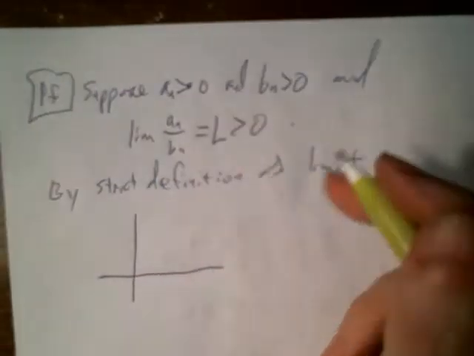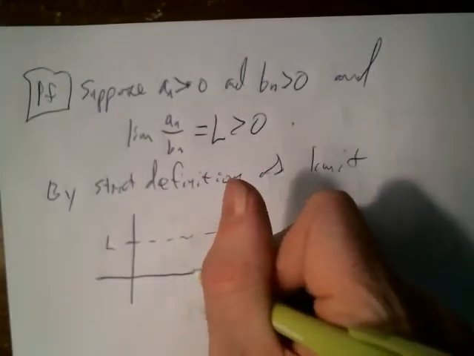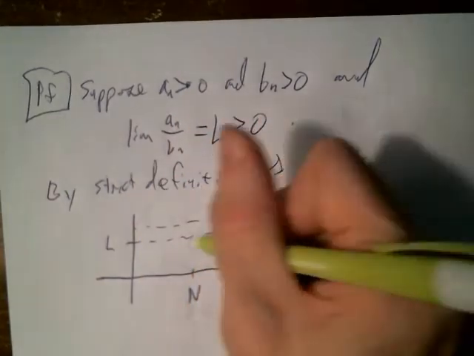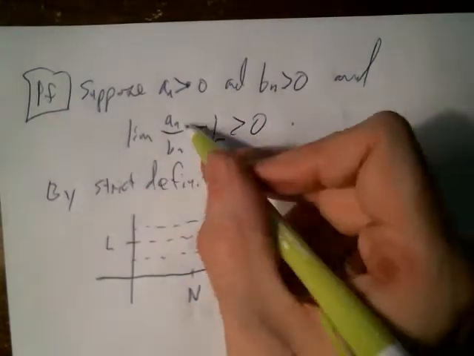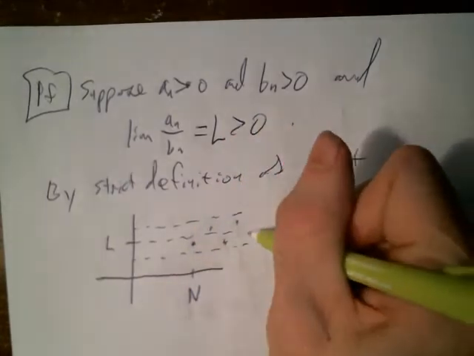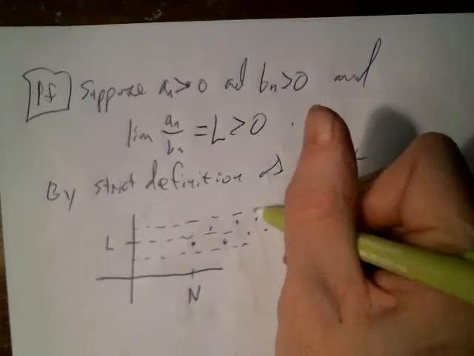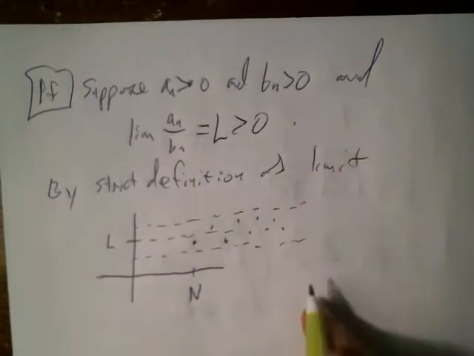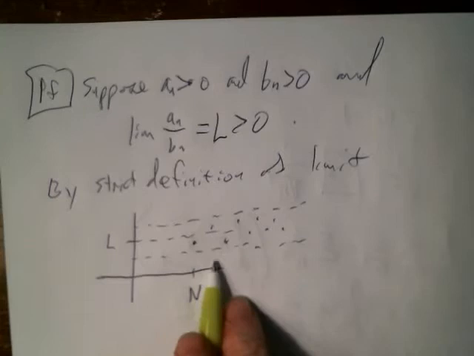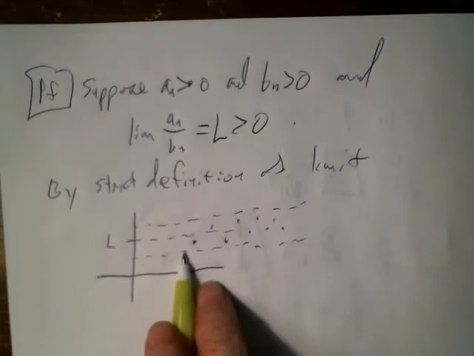Because if we know this expression is getting really, really close to some number L, eventually, when we go past some number n, we can ensure that the sequence is inside of whatever epsilon we want. And in that case, it's always going to be away from 0, so it's always going to be greater than 0.